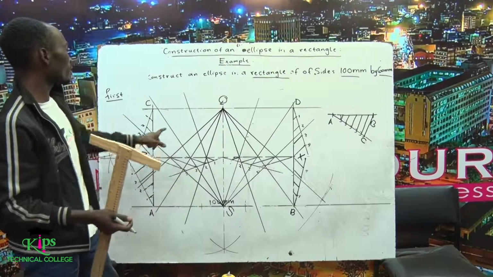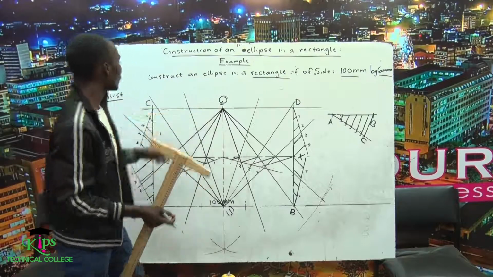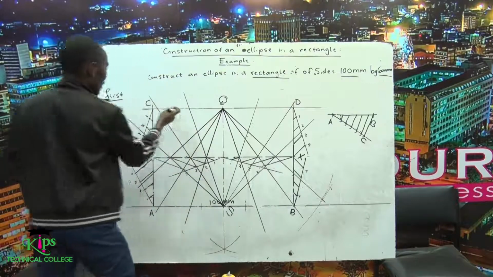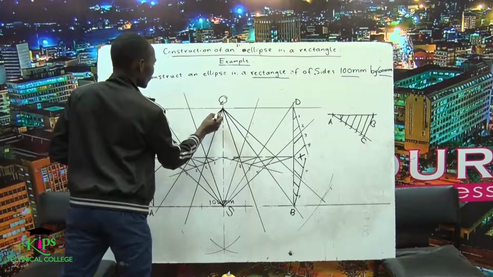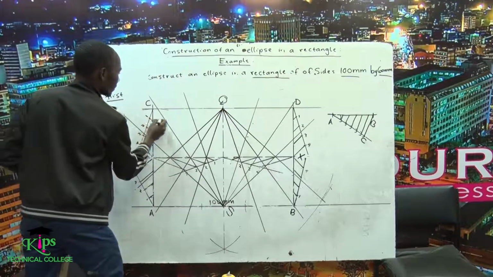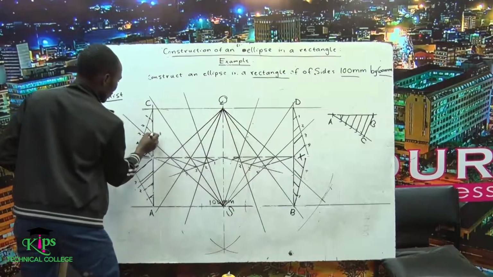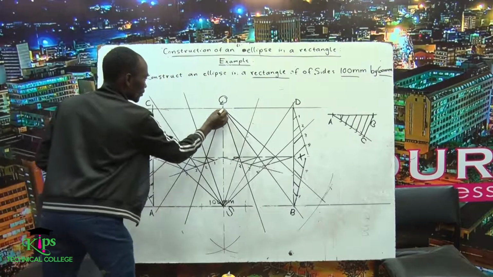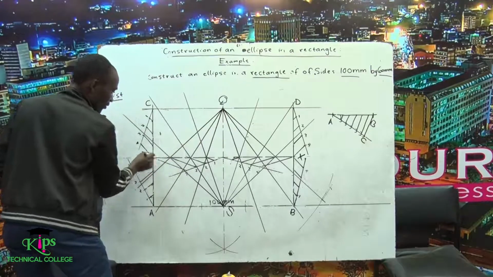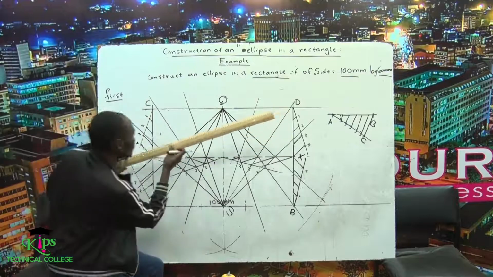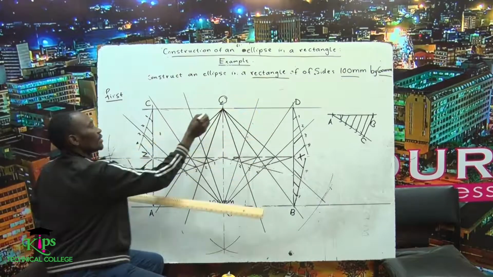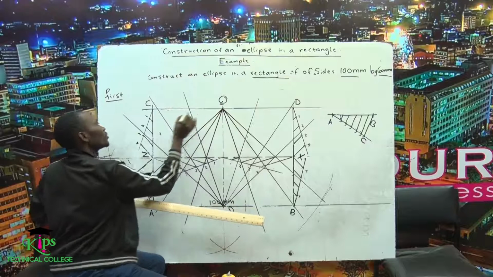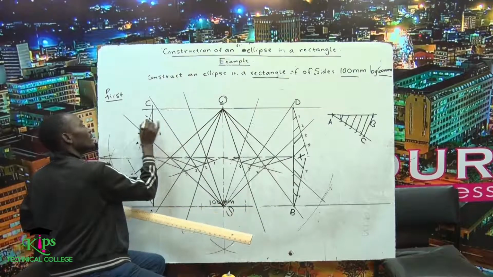Now I'm going to stand at point Q to draw others moving in this direction. So it will start from Q to point 1, Q to point 2, Q to point 3, then Q to point 4. Let's begin with Q to point 1, this one.